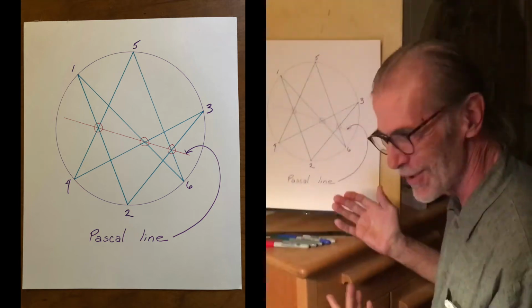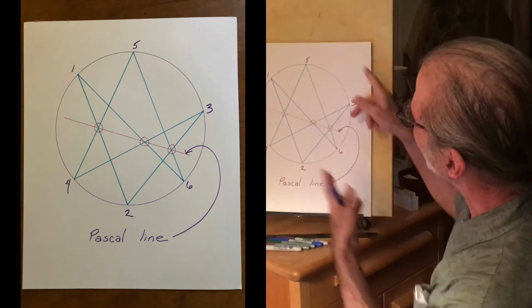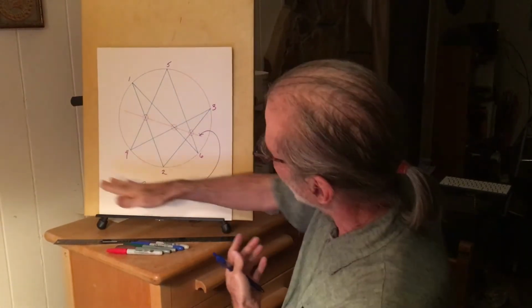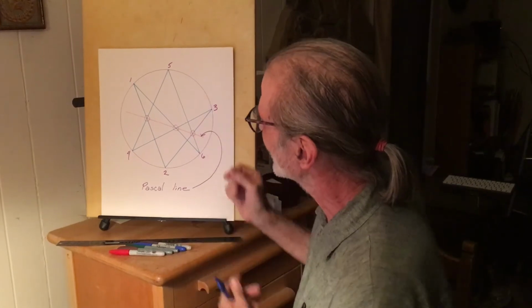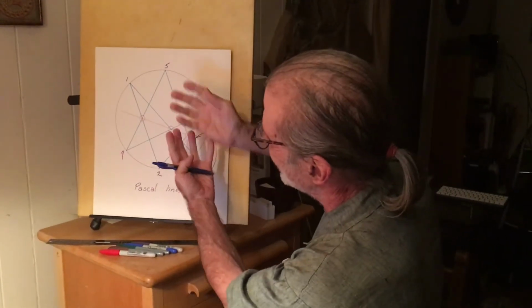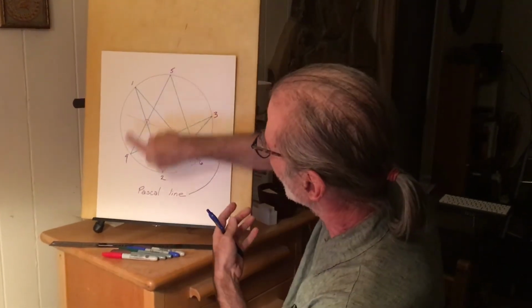It works with any circle, no matter how you put up your points. And the line may not occur within the circle. Again, it could be way out here, depending on how you set this up. And even with these 6 particular points, there's probably 60 ways of numbering them or going from one to the other.